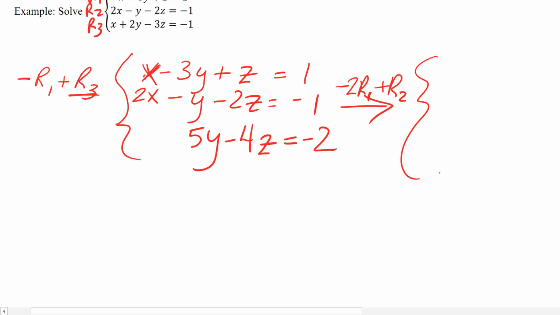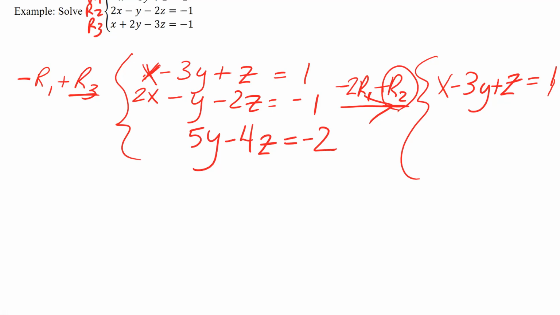All right, the first equation doesn't change though. We're not doing anything to change the first equation. We're changing the second equation. Whatever row this is, that's the one that gets replaced. So negative 2 times r1 plus r2 is going to replace r2. So negative 2x plus 2x is 0x. Negative 2 times negative 3 is positive 6.